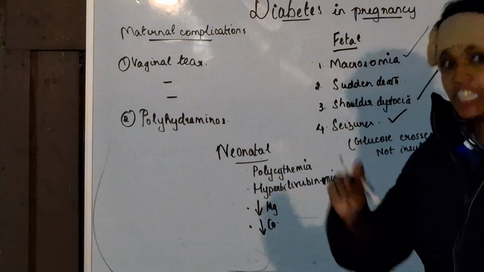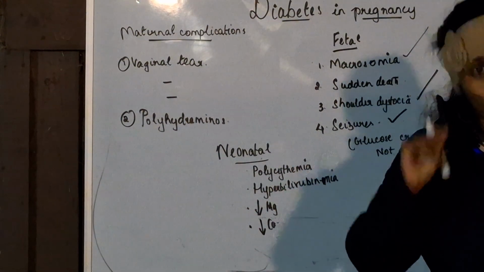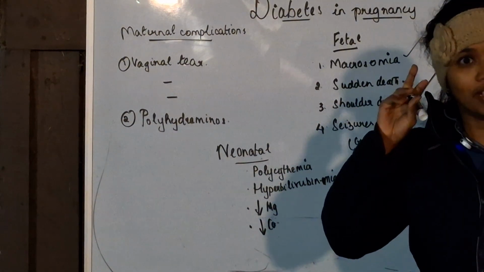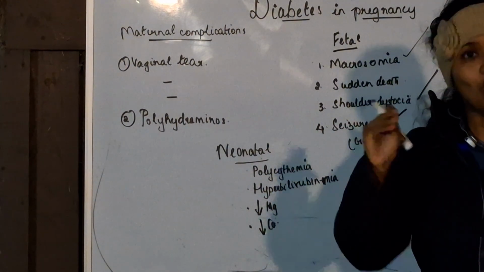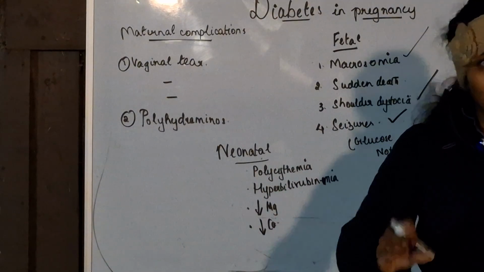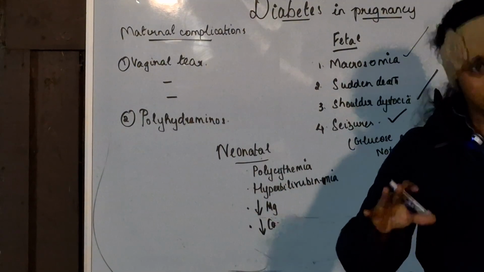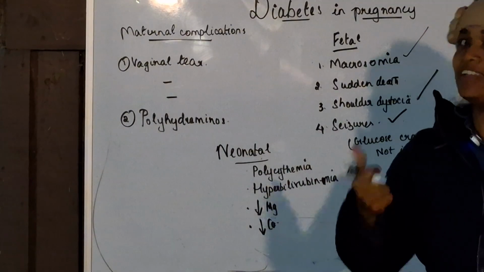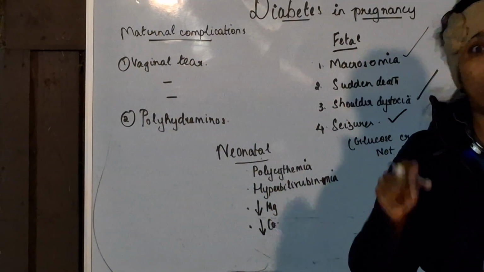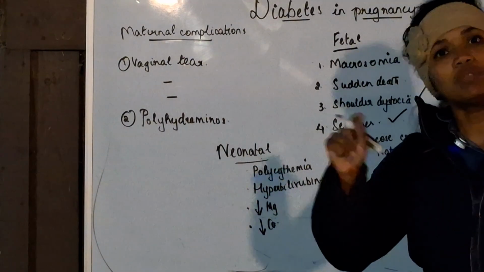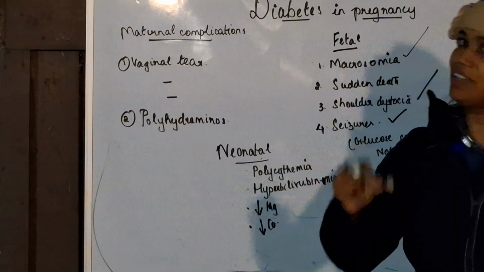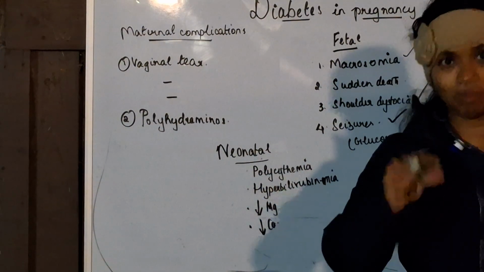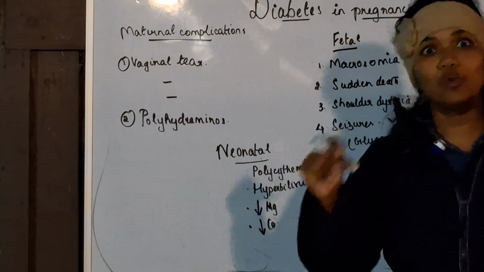In addition, the increased blood glucose will impair the parathyroid gland and imbalance the calcium status, and it can result in hypocalcemia as well as hypomagnesemia. Why hypomagnesemia? Magnesium is supposed to be transferred from the mother through the placenta to the fetus.